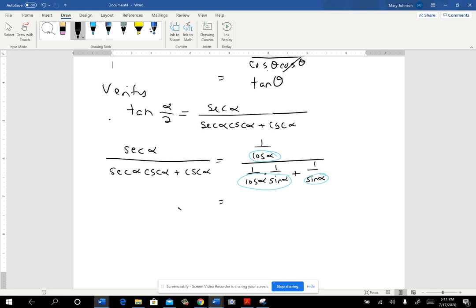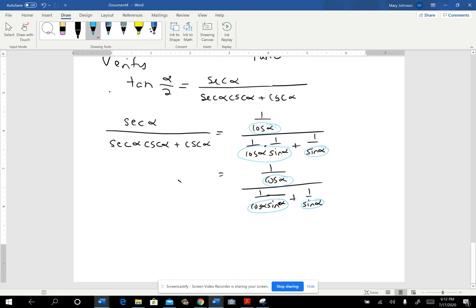I probably should do one more step before I do that, so you see why this will work. So down here, this is 1 over cosine alpha sine alpha when you multiply straight across. Now let me look for a least common multiple of those that would knock them all out. That would be the cosine alpha sine alpha.